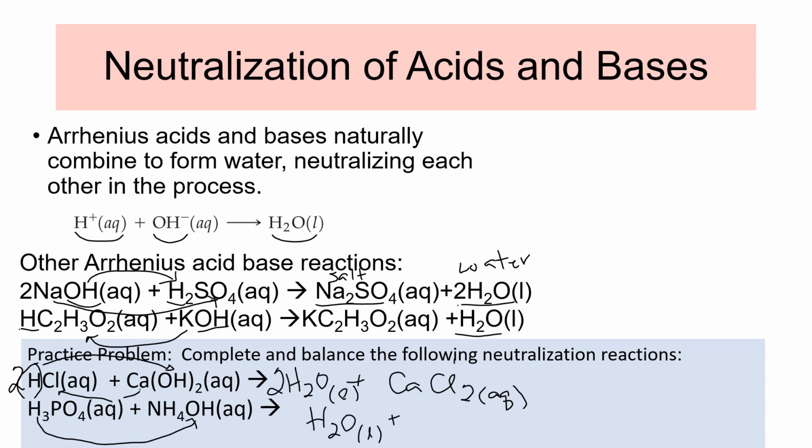And then the ammonium is going to go with the phosphate, NH4. And again, let's look at their charges. NH4 is plus, PO4 is 3 minus, so we cross those, and we want (NH4)3PO4, and then erase those charges.